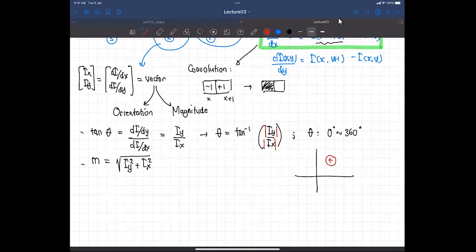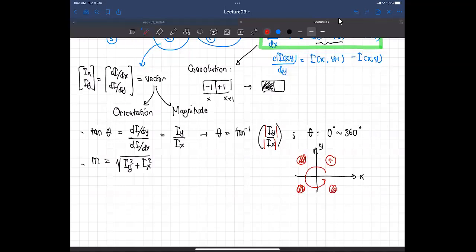This one is y, this one is x. If Iy is positive and Ix is negative, then it has to be in the second quadrant. If both are negative, then it will be in the third quadrant. And if x is positive but y is negative, then it will be in the fourth quadrant. So you have all the values from 0 to 360.